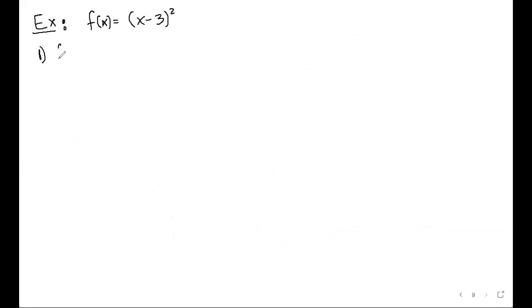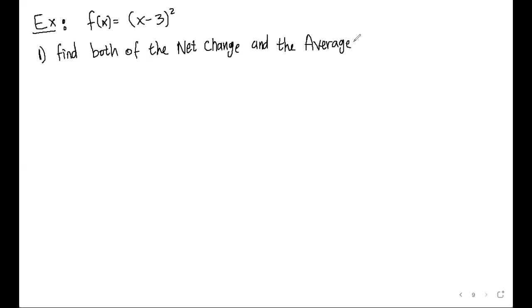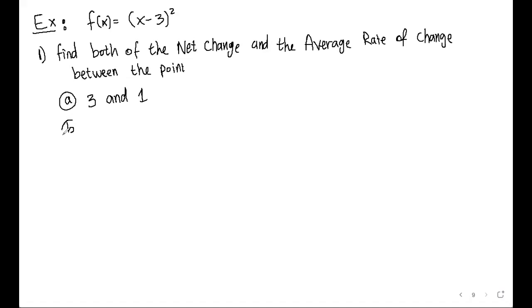So the question now, number one, find both the net change and the average rate of change between the points A, 3 and 1, B, 7 and 4.